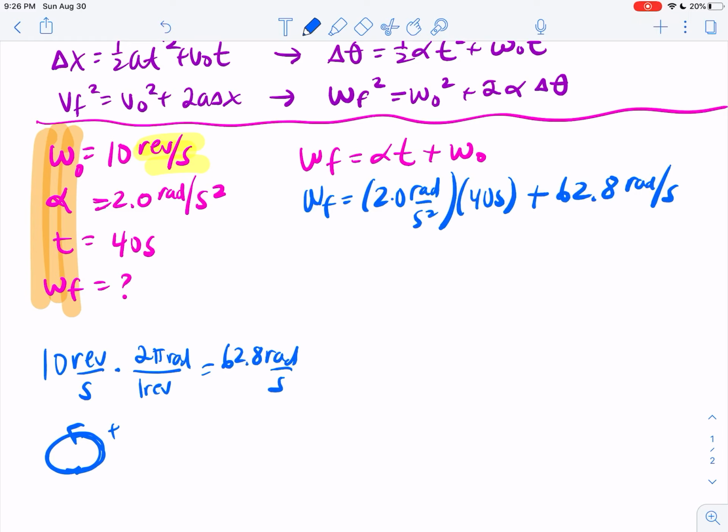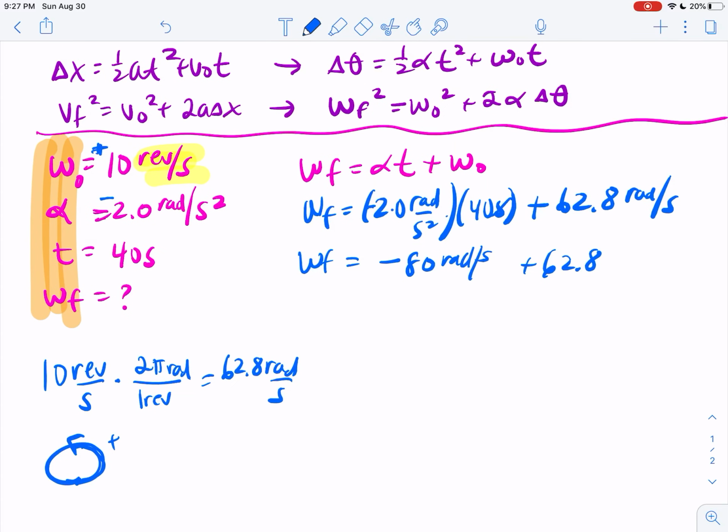So if this is positive, this is going to have to be a negative, because it's going to be slowing down. So that's actually going to be a negative. So 2 times 40 is negative 80. Kind of looks ugly. Try that again. Negative 80 radians per second squared plus 62.8, not squared, seconds, because one of those is going to cancel, radians per second.